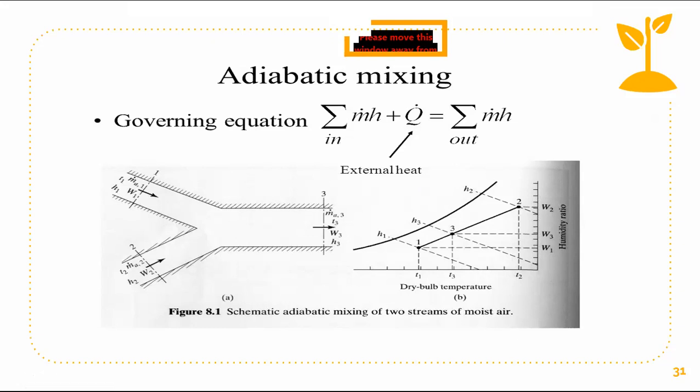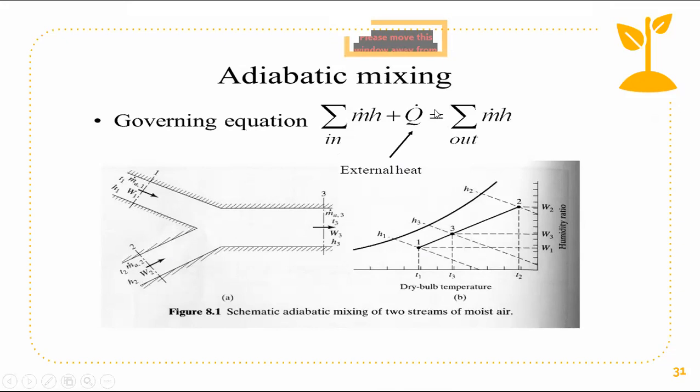Meaning, if your air rejects energy, your water vapor is going to receive that energy. That's within the mixture. But if there is external heat added to the system, then you need to add it to this particular energy balance equation.